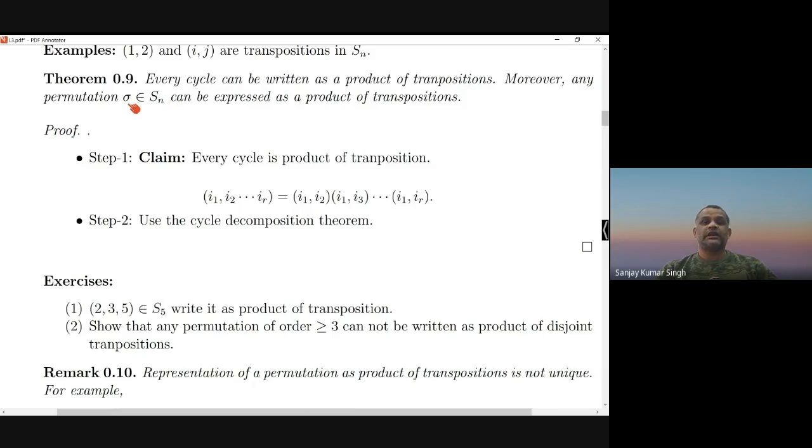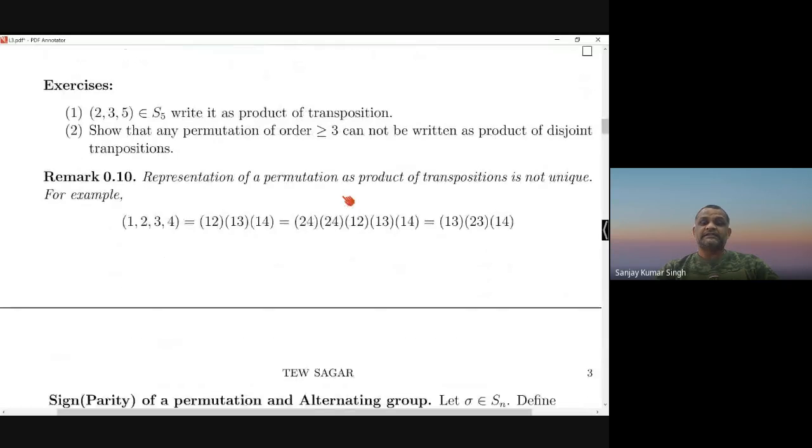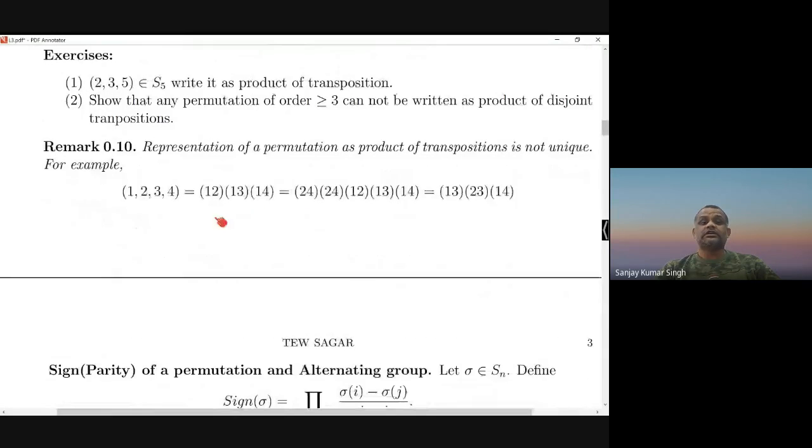In general, we can take any permutation. We can use the cycle decomposition theorem and write it as a product of disjoint cycles. For each cycle, I will write it like this, and this gives me a representation as a product of transpositions. But you can see that this representation is not unique.